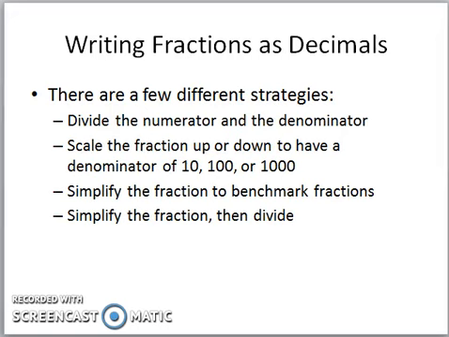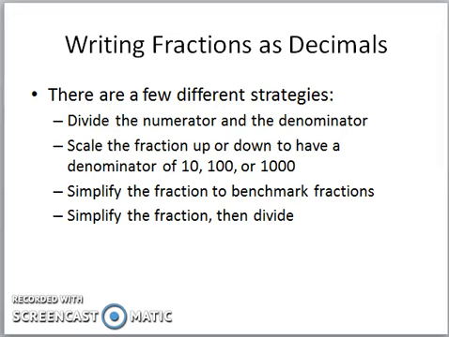So if we think about a decimal that has one place value, that will be the tenths place. So if we think about a fraction 8 over 10, or 8 tenths, then we know that we're going to have an 8 in the tenths place. So if you can scale a fraction up or down to have a denominator of 10, 100, or 1,000, then that's going to be a really easy way to write the decimal.